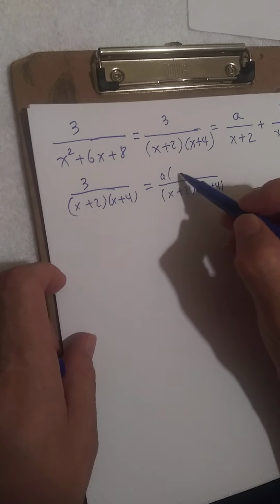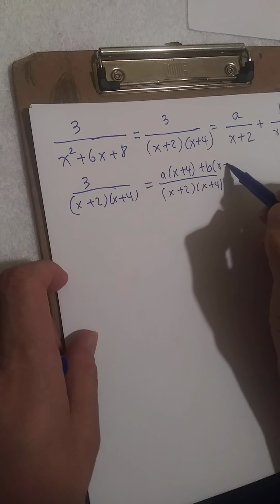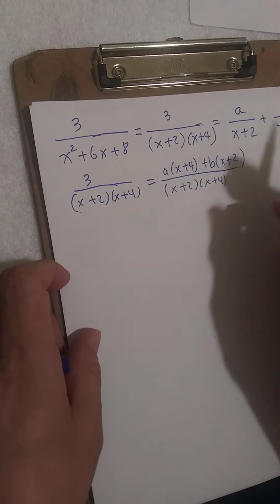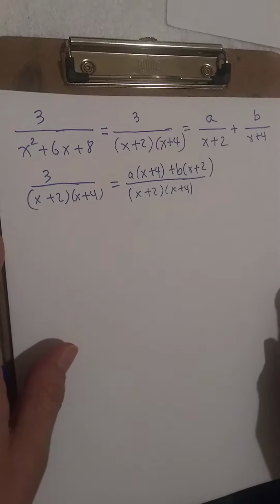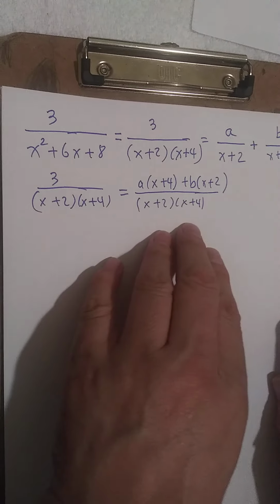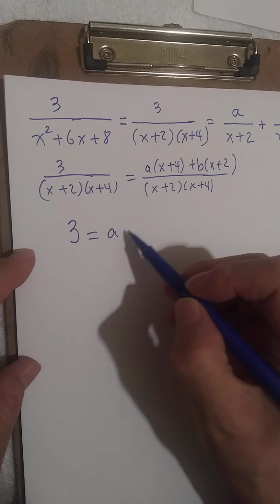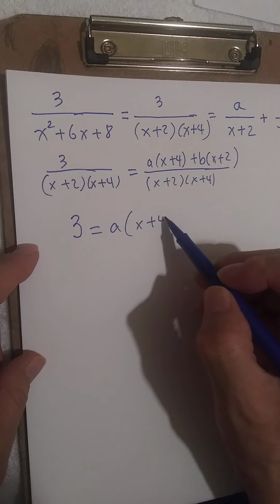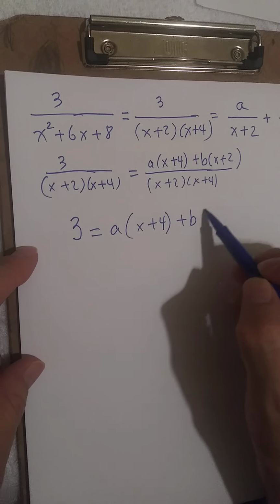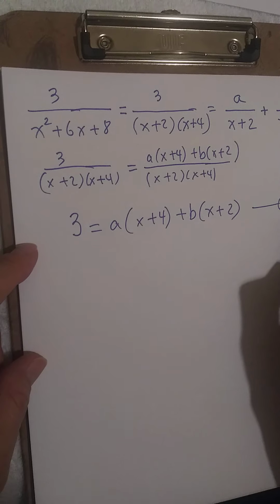A times x plus 4 plus B times x plus 2. We want these two quantities to be equal for all values of x. The denominators are already equal, so therefore the numerator 3 must equal A times x plus 4 plus B times x plus 2. Let's call this equation 1.